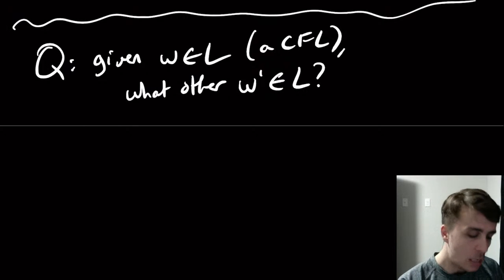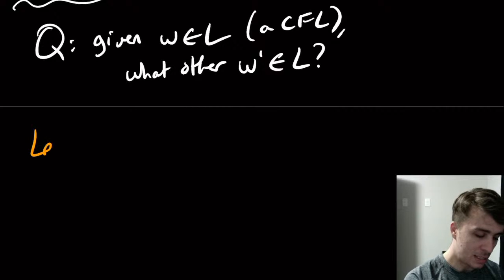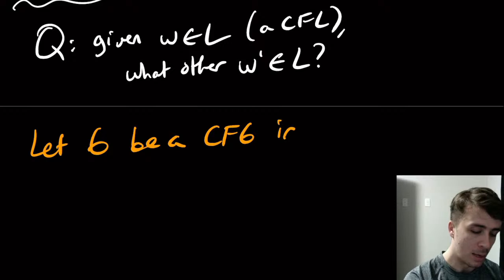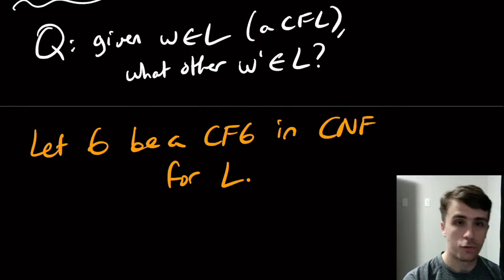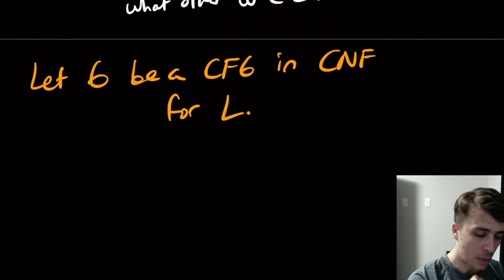So let G be a context-free grammar in Chomsky normal form for this language L. Then what we can actually use is something called a parse tree.